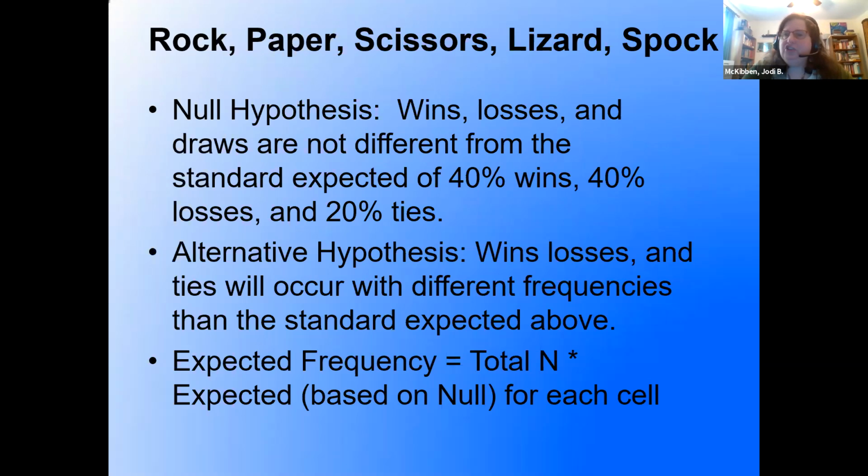We're not going to actually play the games, but we're going to look at some data where the games were played. So we're going to pretend that these games were played by pairs of friends who know each other. And so maybe their wins, losses, and ties will occur with different frequencies than the standard expected of 40, 40, 20. Let's take a look.